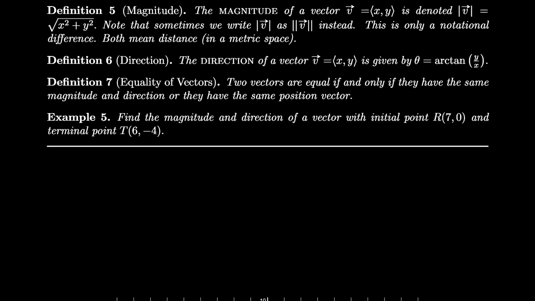So we know that our position vector is going to be the terminal point's x, so 6, minus the initial point's 7, comma, and then the terminal point's negative 4, minus the initial point's 0. This is the vector that we're actually talking about in standard position. So this vector will start at 0, 0.